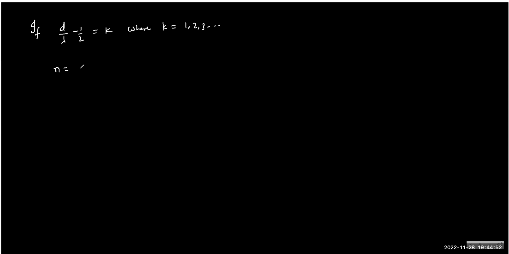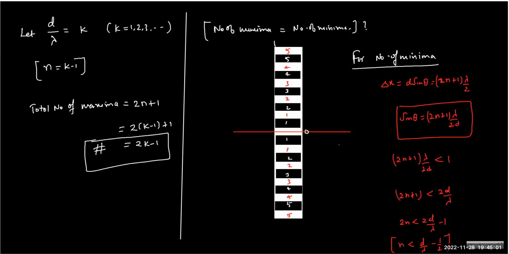So n becomes k minus 1, because the value of n is less than this value. If the number is, let's say, 10, n cannot be 10, n must be 9 because n is an integer. Correct?